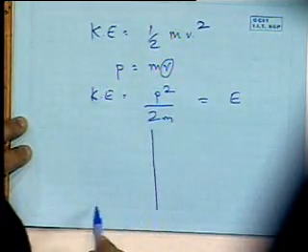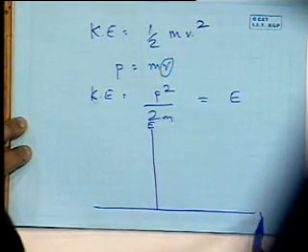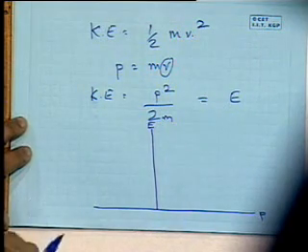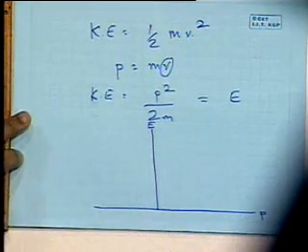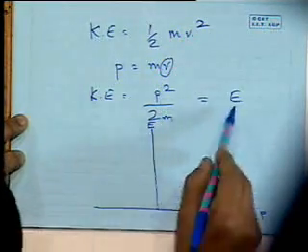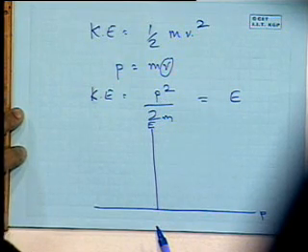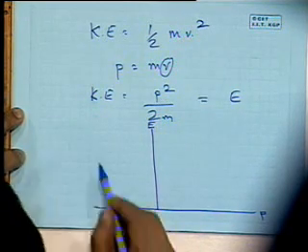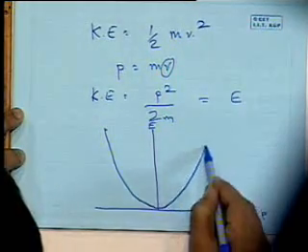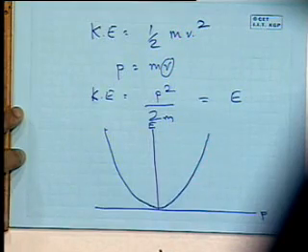Now I can make a sketch of E versus P. The energy versus momentum diagram. Very, very important thing in understanding materials. We'll use this time and time again. Now given that E is equal to P squared by 2m, what would you say about the nature of this curve? Parabolic. It's parabolic. My parabolas might look like squares and circles, but I'll say it's a parabola so that you'll at least know what I'm drawing.